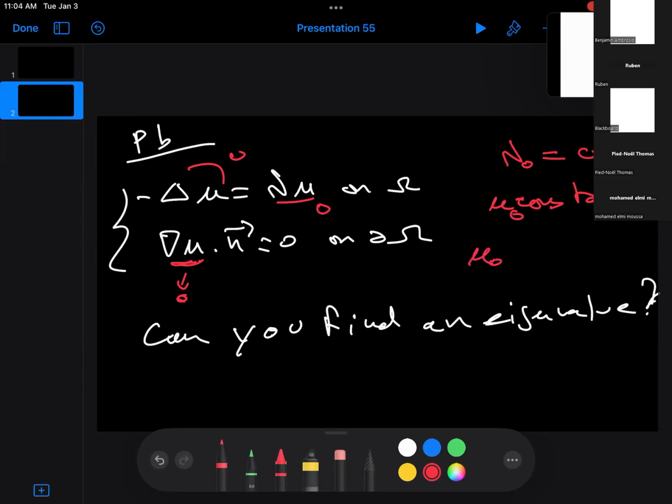So we would like to have that the integral of u0 square on omega is 1.